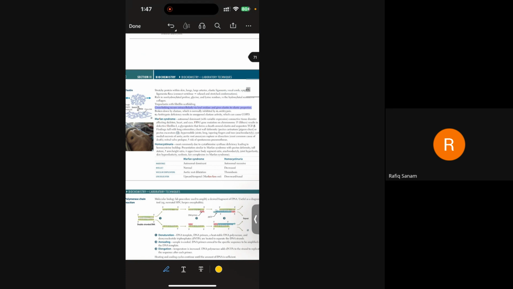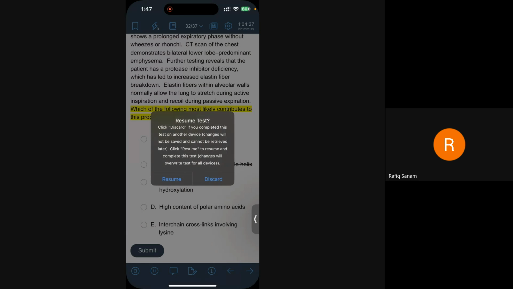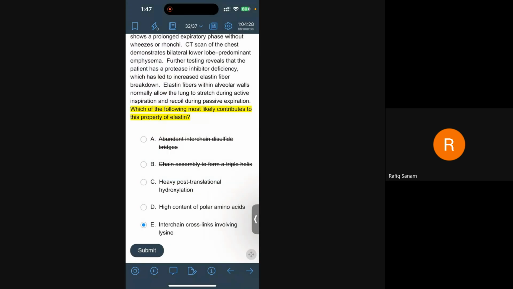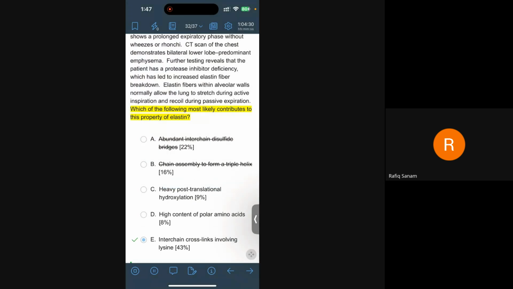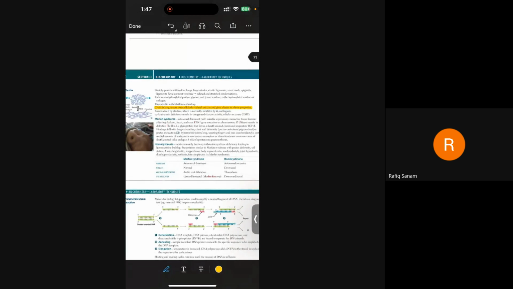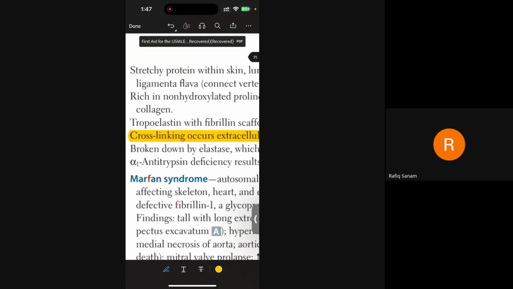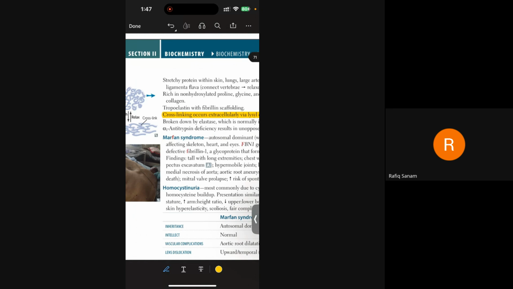So the answer is cross-linking due to lysine, the cross-linking.